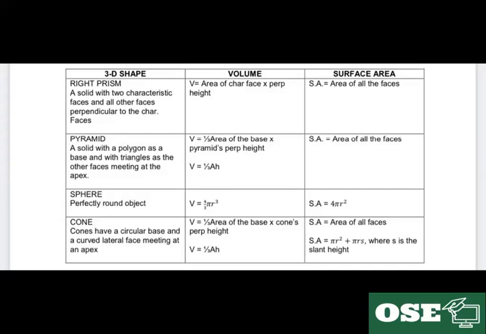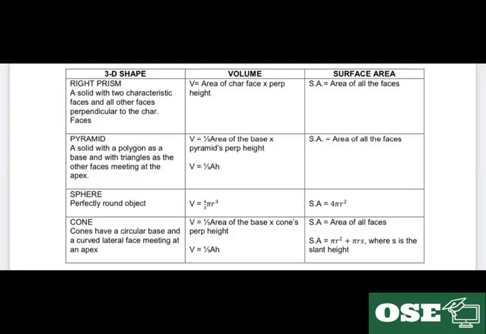However, for a rectangular prism, it's going to be 2 times length times breadth plus 4 times length times breadth, or it can be 2 times length times breadth plus 2 times length times breadth plus 2 times length plus breadth, depending on what type of rectangular prism it is.